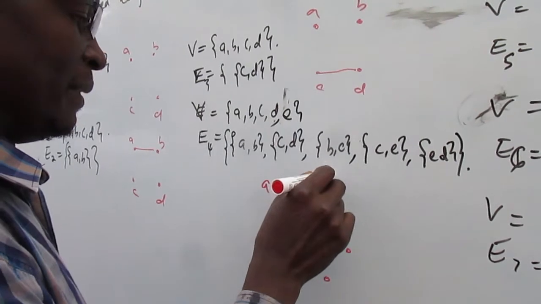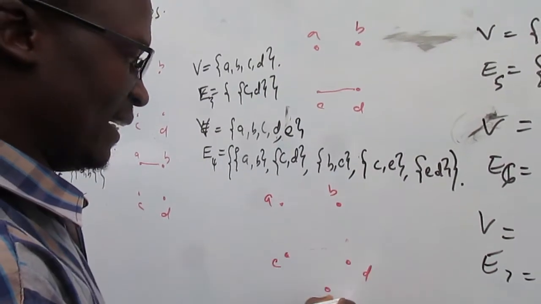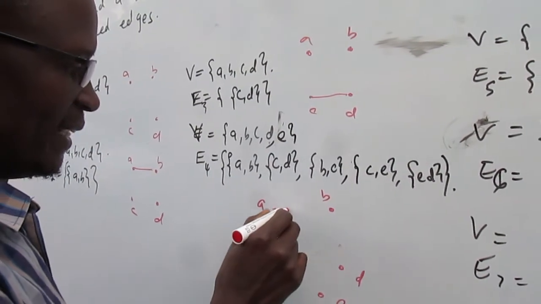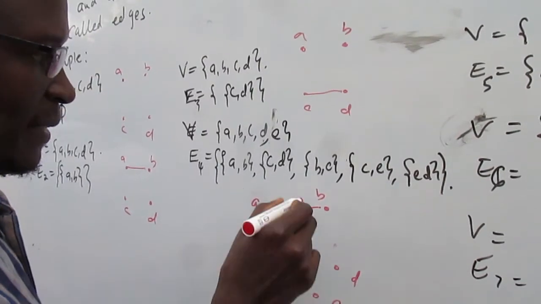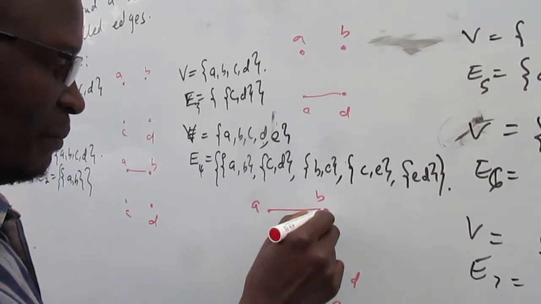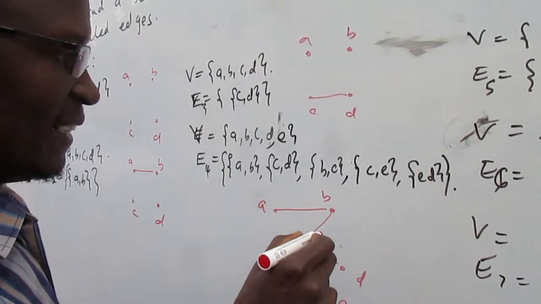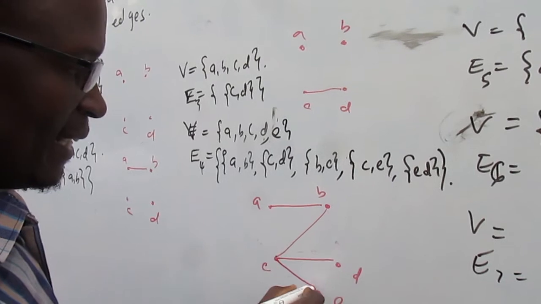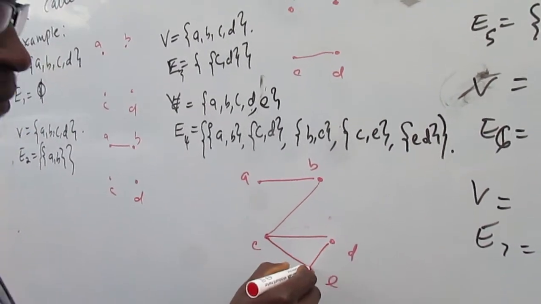We have A, B, C, D, and E. There's an edge connecting A to B, another connecting C to D, another connecting B to C, another connecting C to E, and another connecting E to D.